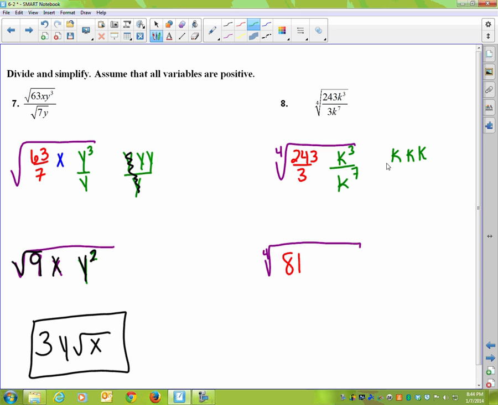I have 3 k's in the numerator and 7 k's in the denominator. 3 of them are going to cancel, leaving me with 4 k's in the denominator. I could write that as 1 over k to the 4th, or 81 over k to the 4th.